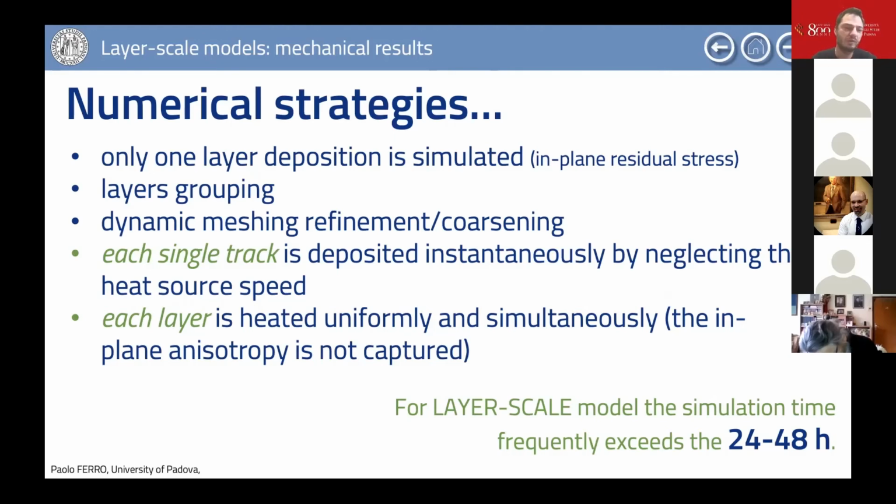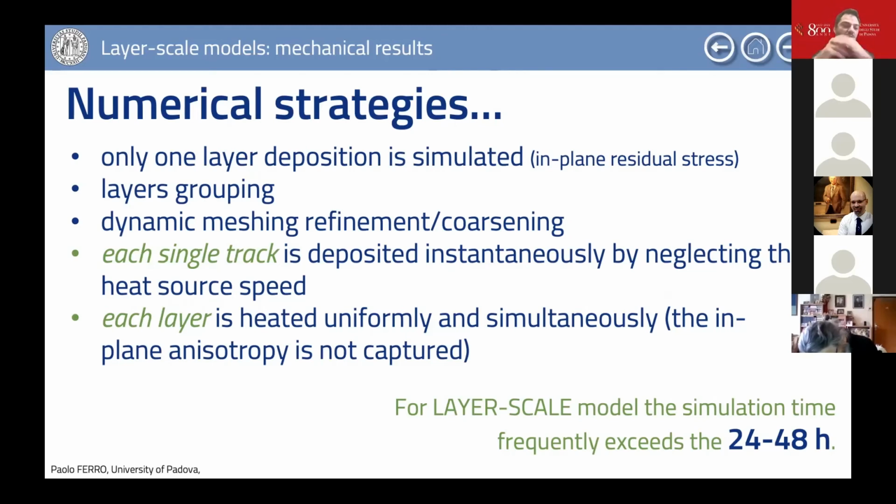We also have the possibility of using refining and coarsening of the mesh, which is refined close to the beam during the simulation, and this portion of the mesh follows the beam source, reducing the elements required for the simulation, of course. And we can also deposit a single track instantaneously, at the same time, without considering the effect of the speed of the source.